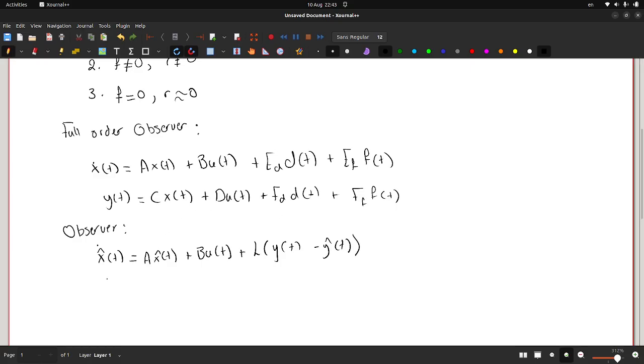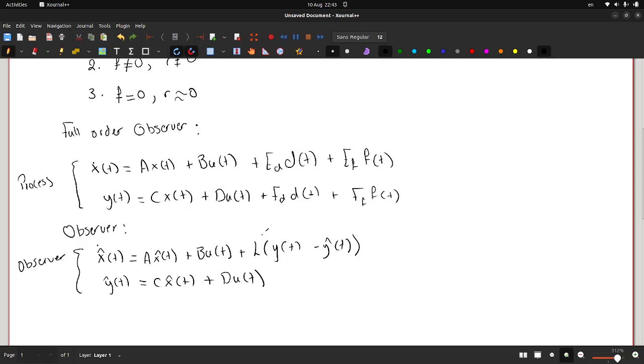Okay, whereas y hat of t equals cx hat of t plus du of t. Here's our process model, and here's our observer. Now we want to design the L matrix so that the difference between x and x hat should equal 0.